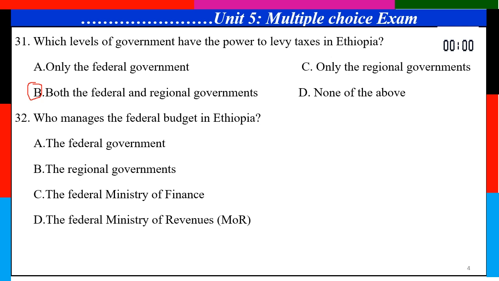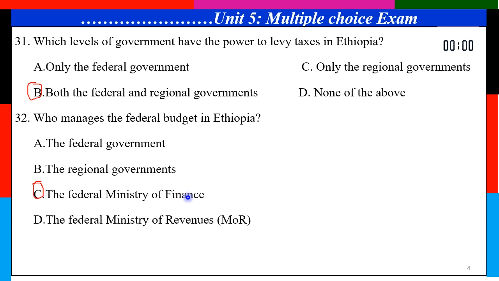So the right answer is what? Choice C. The Federal Ministry of Finance manages the federal budget in Ethiopia. The annual budget, especially in Ethiopia, is prepared by the Federal Ministry of Finance.